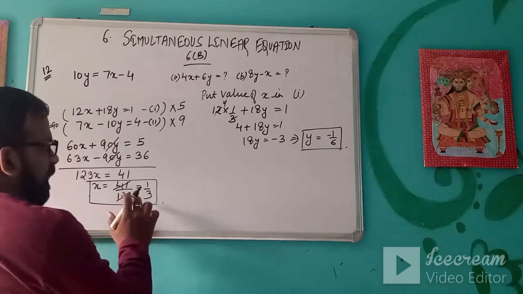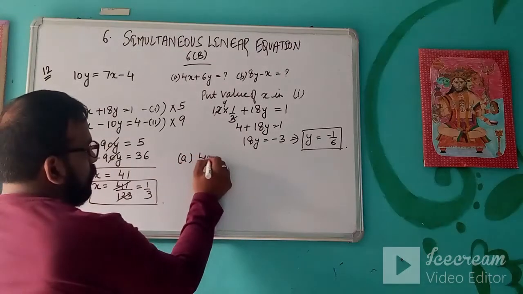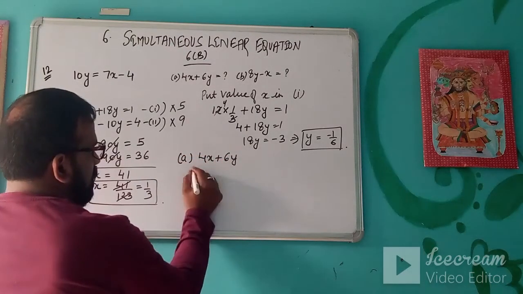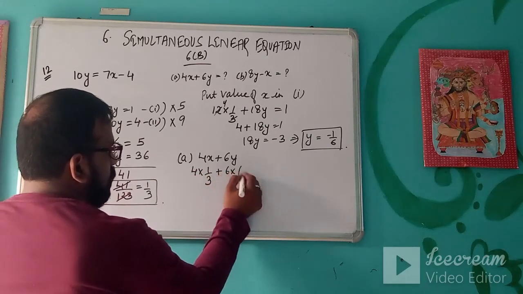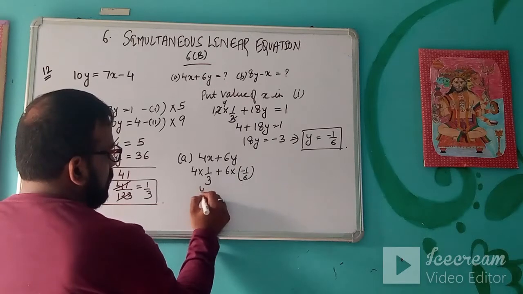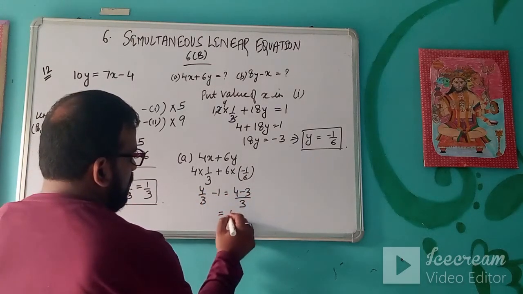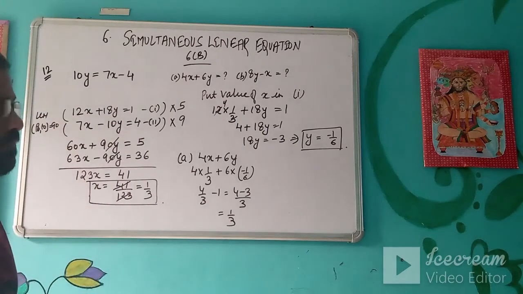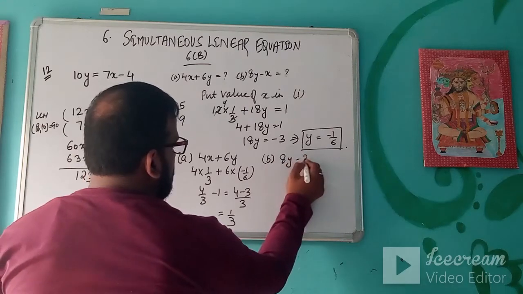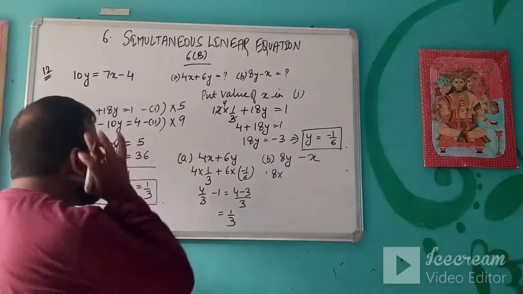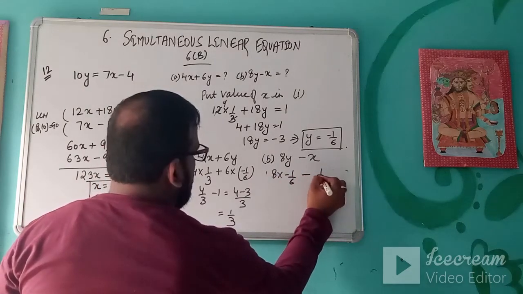Okay, after getting the values of x and y, we will find the value of 4x plus 6y: 4 into 1 by 3 plus 6 into minus 1 by 6. So it is 4 by 3 minus 1, that is 4 minus 3 upon 3, that is 1 upon 3. And in the second, 8y minus x: 8 into minus 1 by 6 minus 1 by 3.